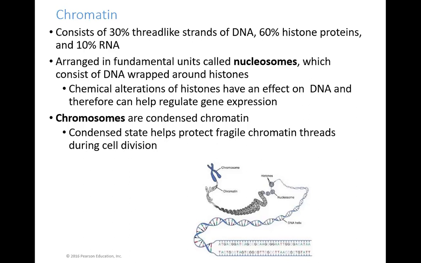Now, when it's uncondensed, the strands are all over the nucleus. You've got 23 pairs of chromosomes in every cell, and chromosomes are nothing more than the chromatin: the DNA, the histone, and the RNA. The chromosomes are only visible when they condense. Normally they're stretched out, and that's all a chromosome is, condensed chromatin, because the DNA is very, very fragile.